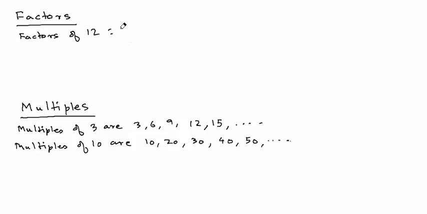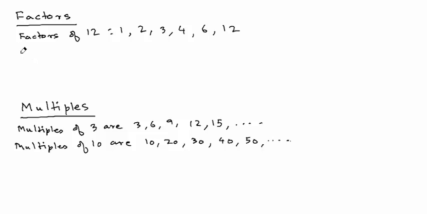They would be 1, 2, 3, 4, not 5, because if you divide 12 by 5, you have 5 times 2 is 10, and then 2 is the remainder. So let's exclude 5 from that list, and then we have 6, and then 12. These are the factors of 12.